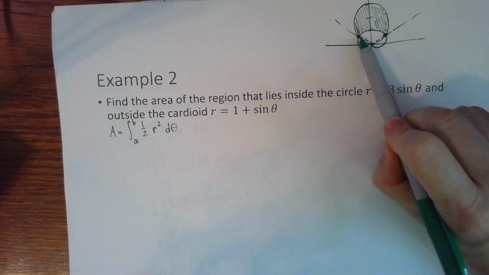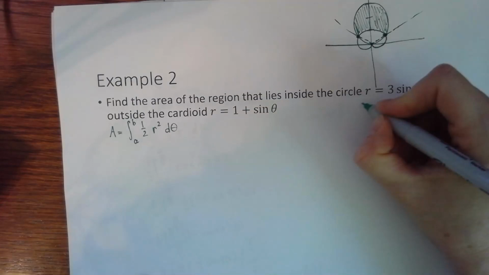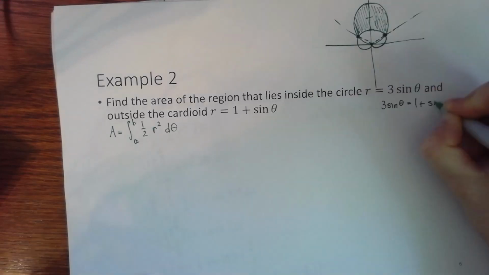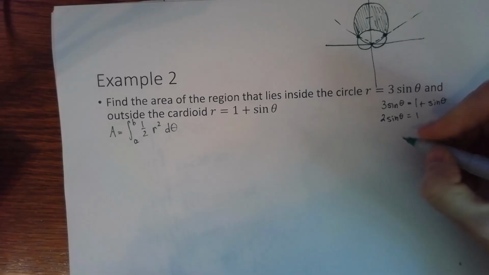In order to find those points, we need to see where the circle and the cardioid intersect. Since both of these are equal to r, we can look at where 3 sine theta is equal to 1 plus sine theta. So 2 sine theta is equal to 1, or sine theta is 1/2.